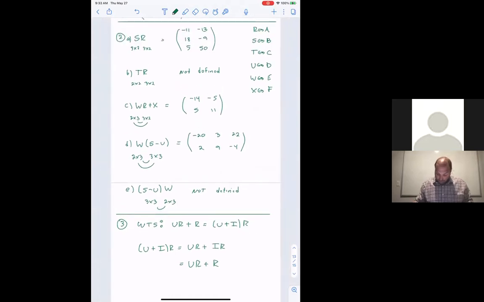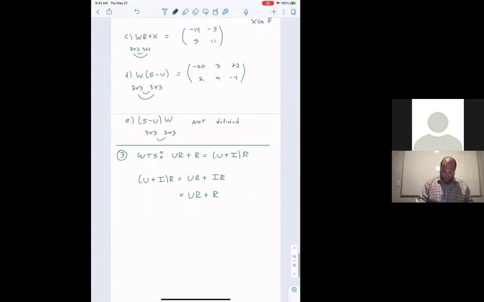Well, U is D and R is A. So D times A, and then adding to it A again. Okay, so this one, UR plus R is 1, negative 34, negative 19, negative 18, 3, 7.